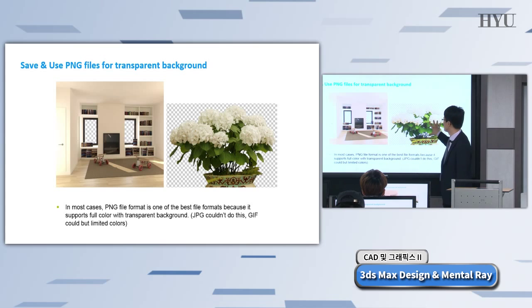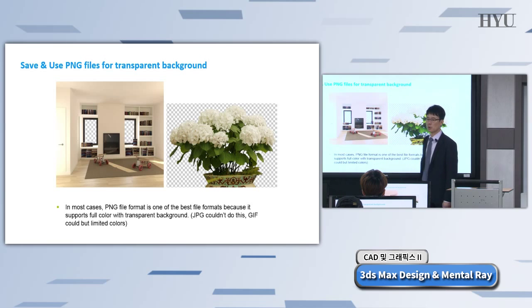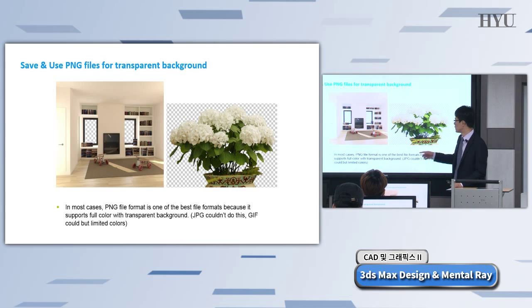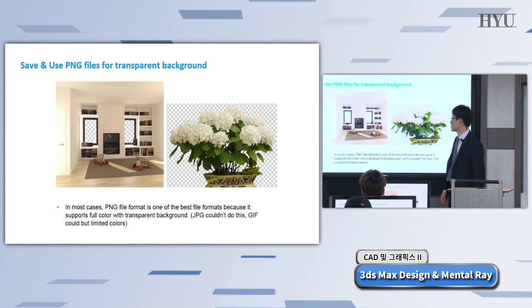If you use this texture map, this shape can be placed somewhere here without any problem. No white background. Also, you can put in a percentage. If you set 50% transparency on this background, it's going to be 50% transparent. But it should be in PNG file format. PNG file format is very strong.